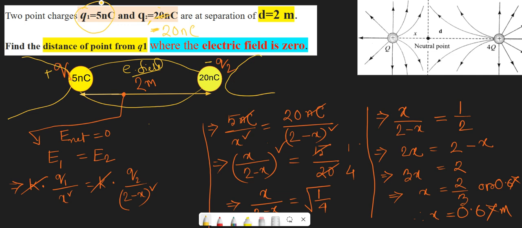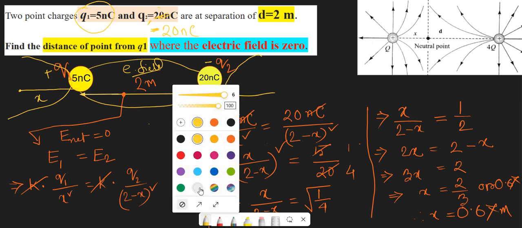Anyways, so let's consider at this point from Q1 the electric field is 0, the distance is x, and obviously from Q2 to Q1 the distance is 2 m.